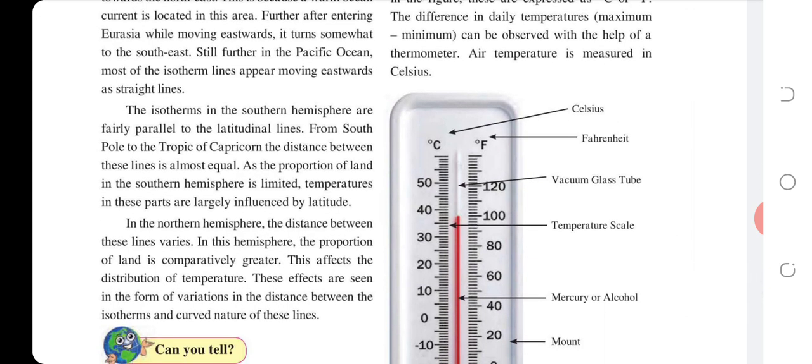In the northern hemisphere, the distance between these lines varies. In this hemisphere, the proportion of land is comparatively greater. This affects the distribution of temperature. These effects are seen in the form of variation in the distance between the isotherms and the curved nature of these lines.